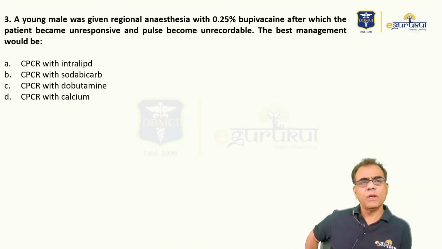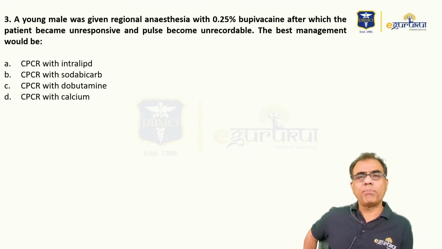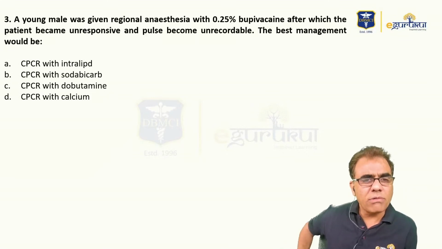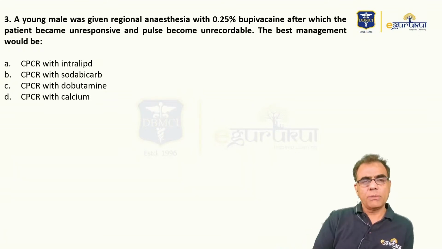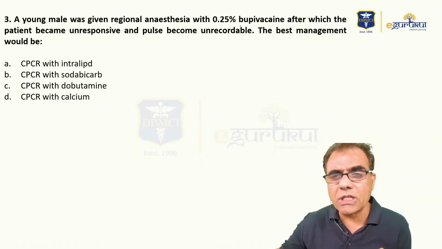Question number 3. A young male was given regional anesthesia with 0.25% bupivacaine, after which the patient became unresponsive and pulse became unrecordable. The best management would be CPCR with intralipid, CPCR with soda bicarb, CPCR with dobutamine, CPCR with calcium. So it is bupivacaine toxicity.